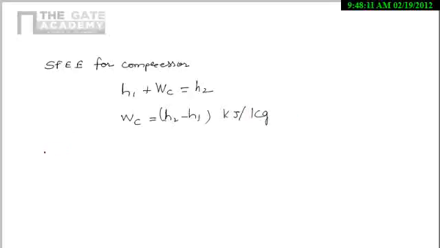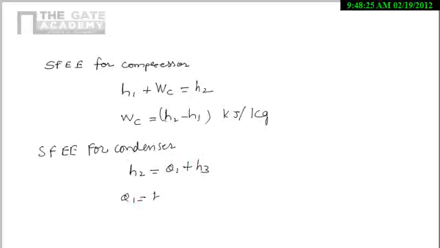Similarly, steady flow energy equation for condenser: H2 equals Q1 plus H3. So Q1 will be H2 minus H3 kilojoule per kg.